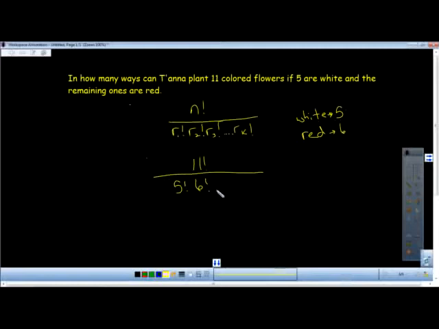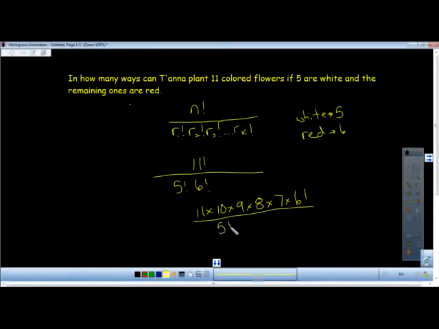So in order to do this problem, to simplify, I have 11 factorial, which is 11 times 10 times 9 times 8 times 7 times 6, and I'm going to put 6 factorial because that's 6 times 5 times 4 times 3 times 2 times 1, which is the same thing I have right here with this 6 factorial.